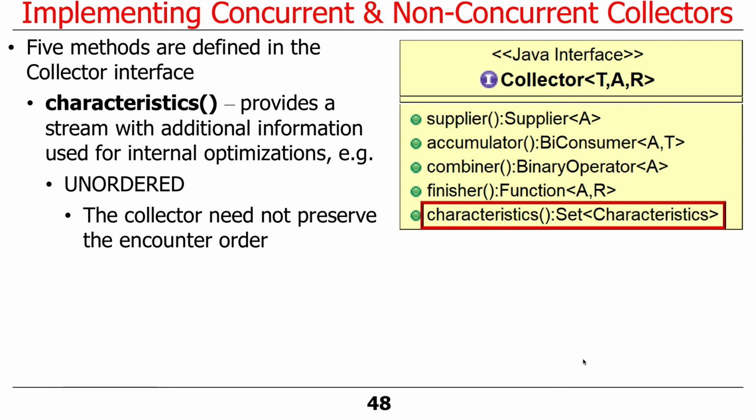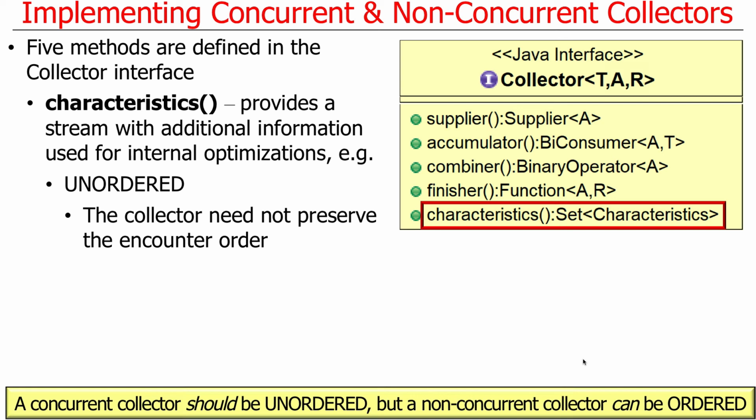And so this actually has a big impact on the behavior and the performance, in some cases, of the collector that you might write. So one property is unordered, and that simply says the collector doesn't need to preserve encounter order. So if you don't really care the order in which things are put together, just leave it unordered. If you don't set unordered, it'll assume order, and it'll go ahead and do it in encounter order.